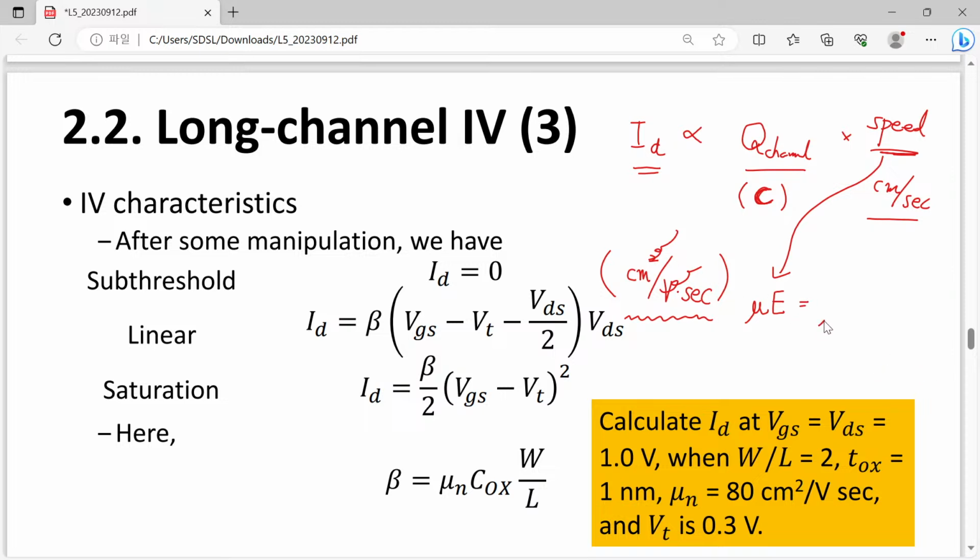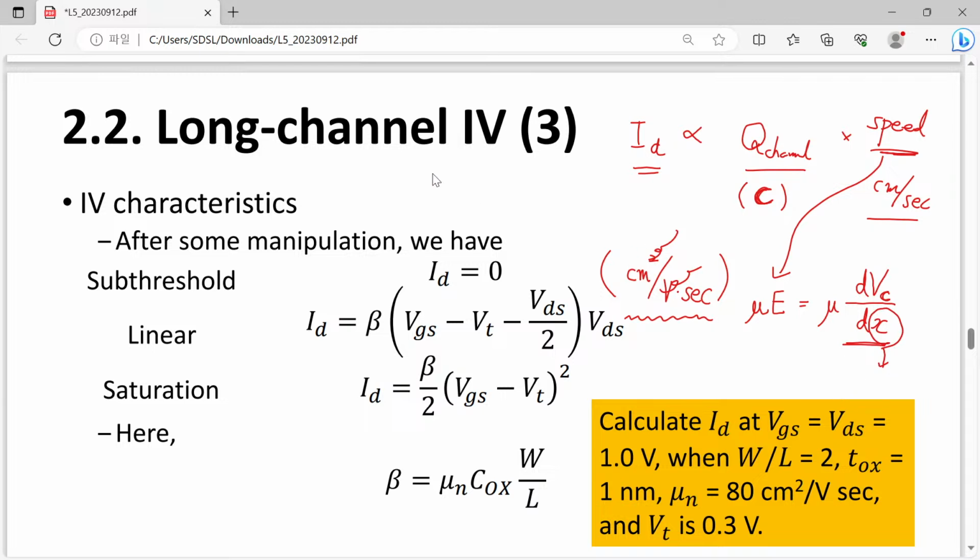And here we make certain things like this. Now we have the channel potential, and the channel potential can be derived with respect to the channel position.